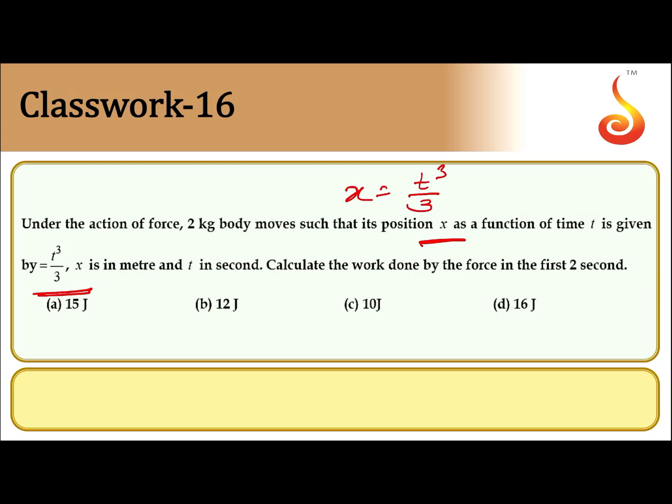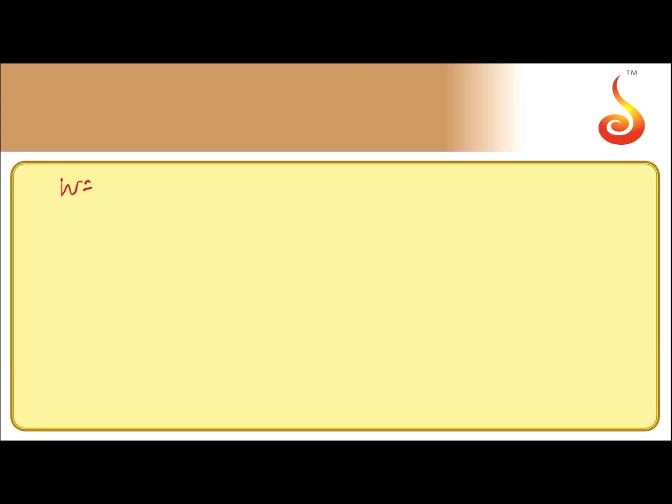Okay. Similar approach. Work done is equal to integral F dx is what I am going to use. Force is mass into acceleration. So I need the acceleration. And because I am given x as t cubed by 3, I will get the velocity, which is dx by dt. Differentiating t cubed gives 3t squared over 3, so I have t squared. That's right.